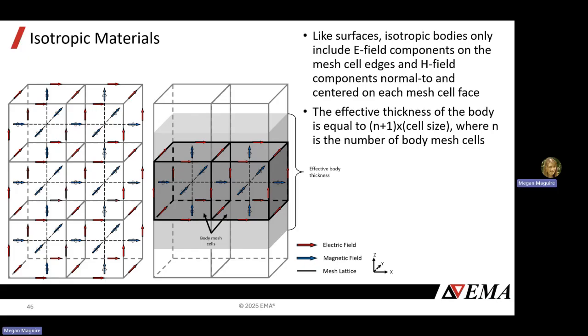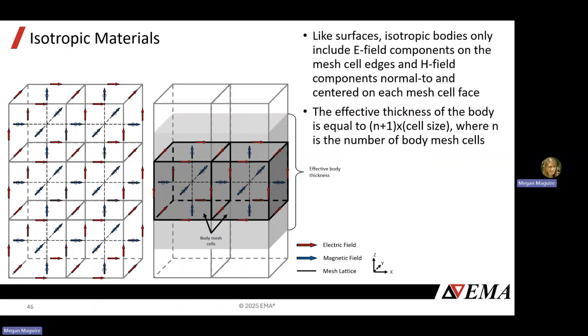Similar to isotropic surfaces, isotropic bodies only include E-field components that are on the mesh cell edges or faces. Depending on your E-field or H-field, one thing to keep in mind is that the effective thickness of your body will be equal to the number of cells that you see in your mesh plus one. Let's say you have a 10 millimeter mesh size and a 30 millimeter thick panel.